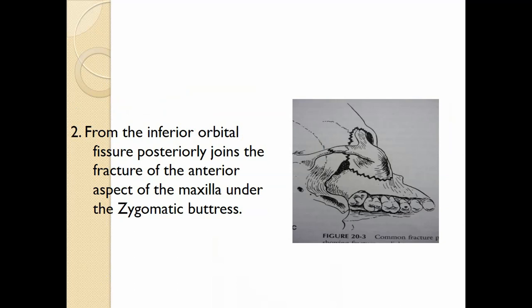Next, the second line from the inferior orbital fissure goes posteriorly and joins the fracture of the anterior aspect of the maxilla under the zygomatic buttress.